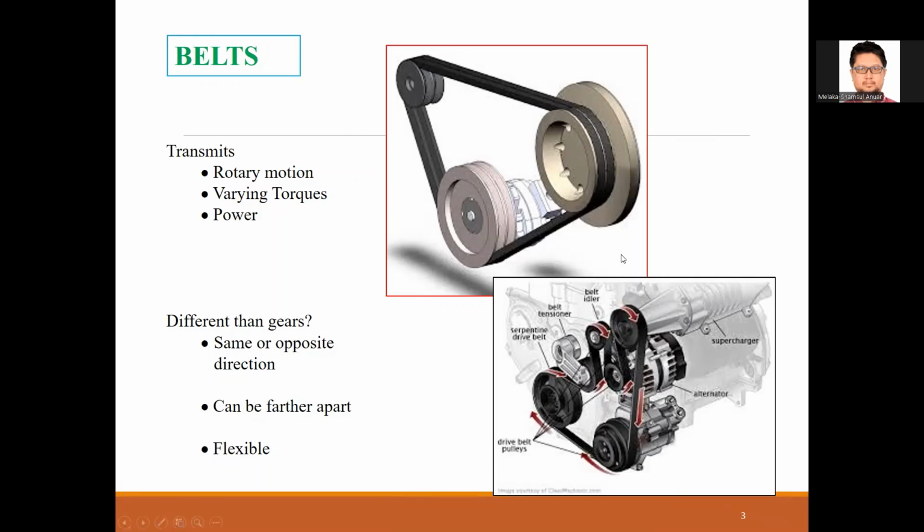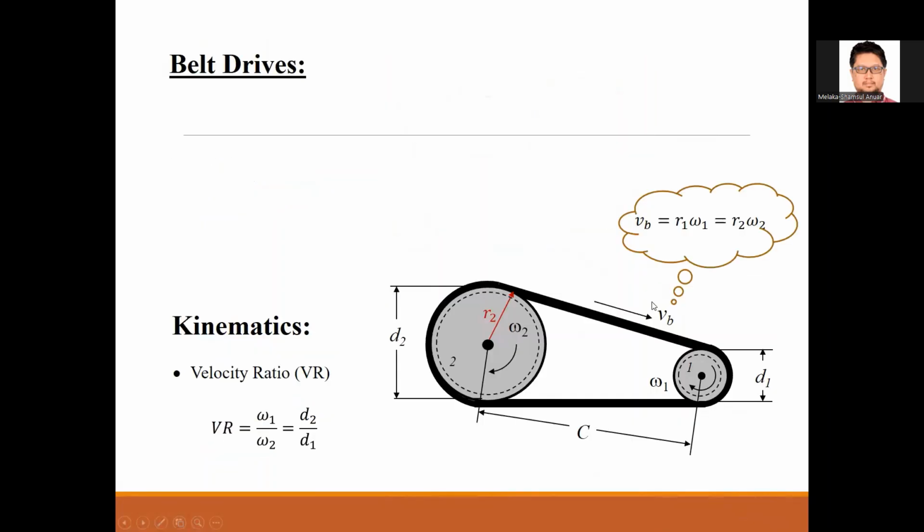But when it slips, in that particular situation, maybe it's for a good reason. It doesn't damage the other part, the other perhaps more expensive part that you want to protect. Okay, so that's the situation.